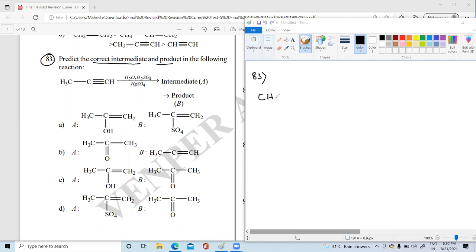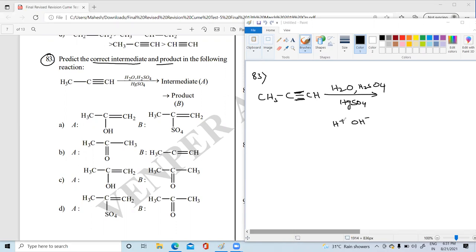They have taken propyne and are adding H2O in the presence of mercury, a mercury-catalyzed Markovnikov hydration, students. In Markovnikov addition, in water we have H plus as well as OH minus.